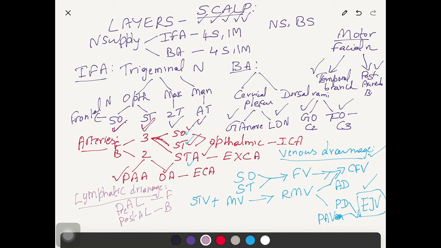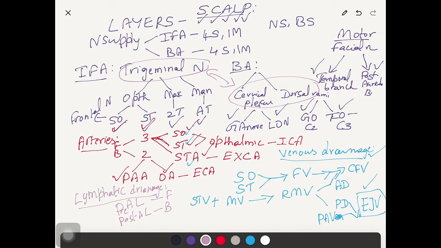If you see the applied anatomy of the nerve supply of the scalp, you can understand the scalp is supplied by the trigeminal nerve and by the cervical nerves. So for any small surgical procedures on the scalp, if we give local anesthesia, it does not give better results as the dermatomes are not adjacent.